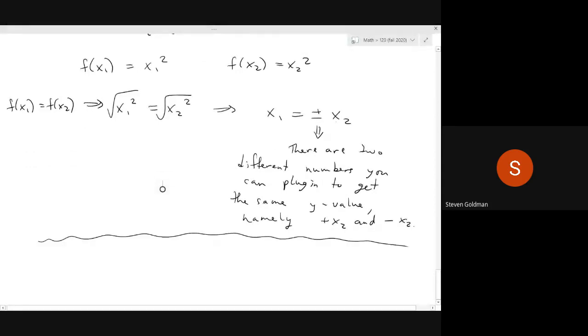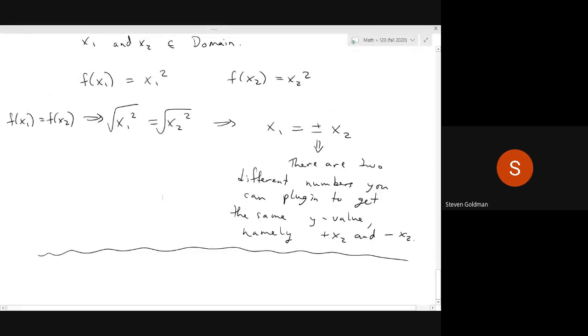So in other words, this shows us that if f of x1 equals f of x2, x1 does not necessarily have to equal x2. It could be negative x2. And to be one-to-one, when f of x1 equals f of x2, x1 has to equal x2. That's from the definition from before.